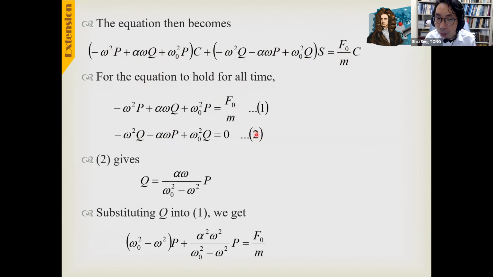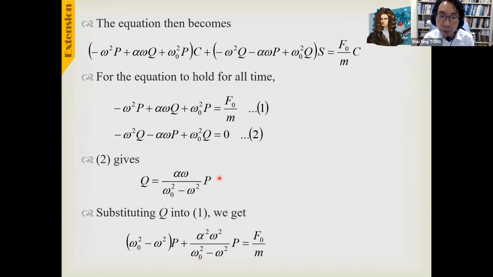Now for the second equation, I can solve for q in terms of p. I collect terms with q, and I find that q is equal to alpha omega divided by omega naught squared minus omega squared, times p. So I have q in terms of p.